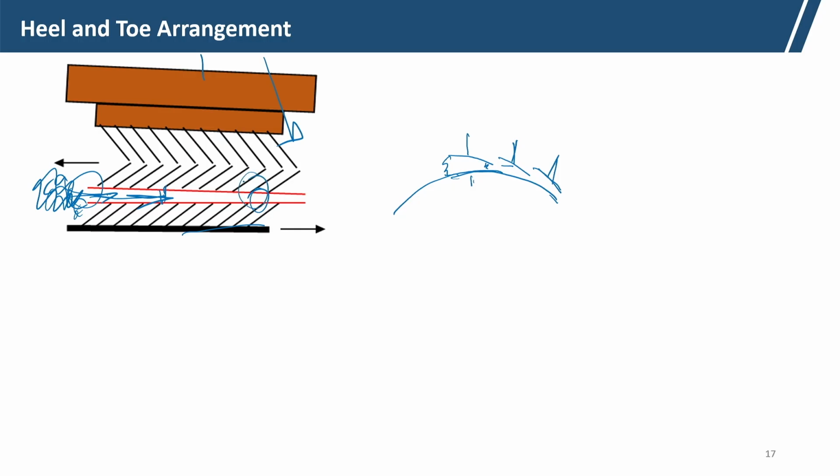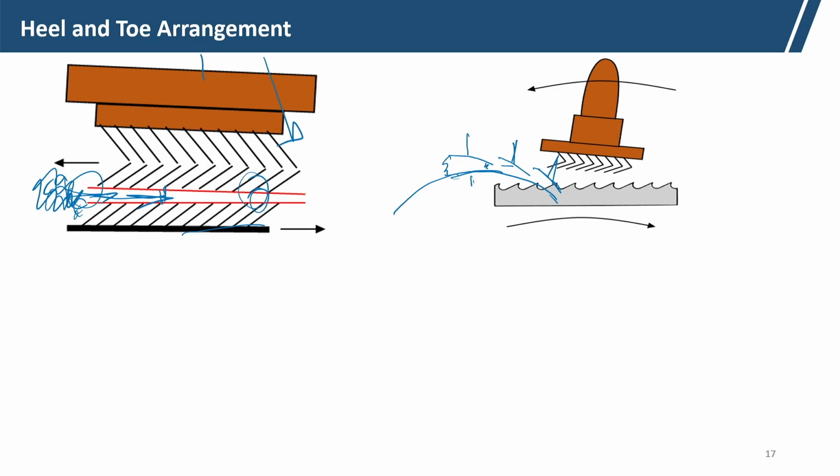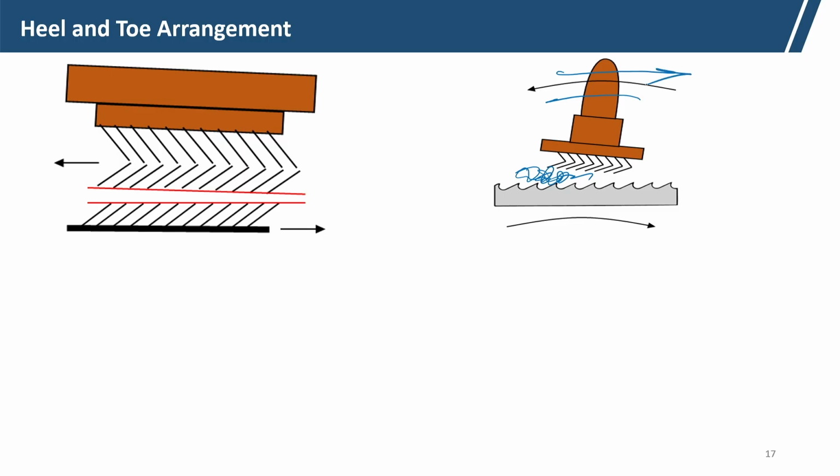For that we have a relatively closer setting at the exit of each flat segment. This is the system, the heel and toe arrangement. Now, the movement here may be in the opposite direction or in the same direction. They have technical implications that I will discuss.